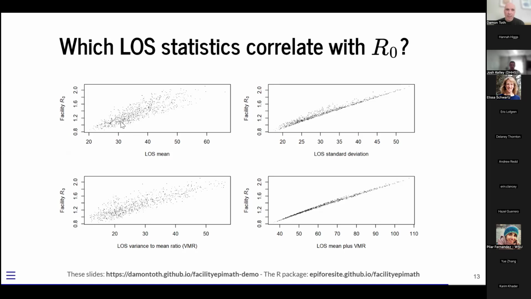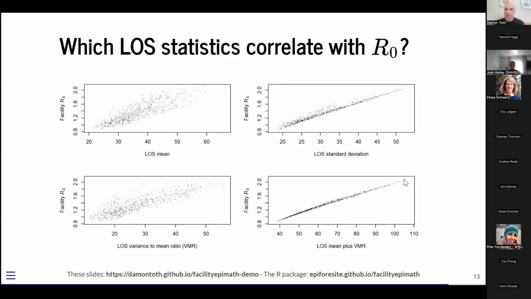You can see here, if the mean length of stay is higher, R naught does tend to be higher, but there's a lot of scatter. Interestingly, the standard deviation of the length of stay has more of a linear relationship with R naught. We also tried the variance to mean ratio, but the best one is this one here, which is the length of stay mean plus the variance to mean ratio.